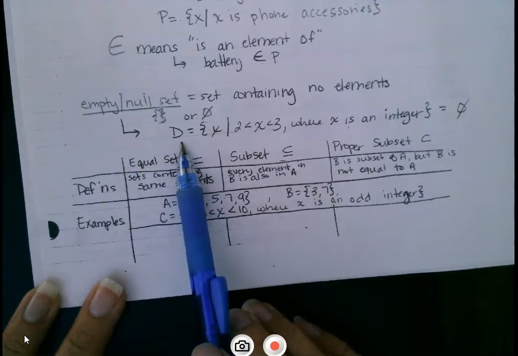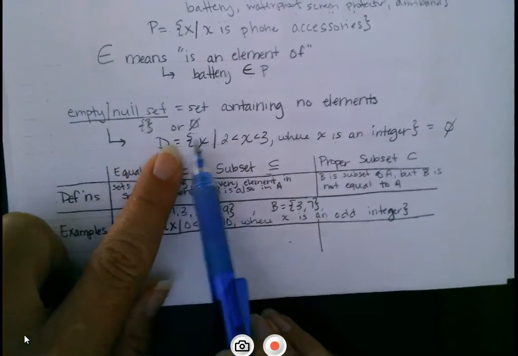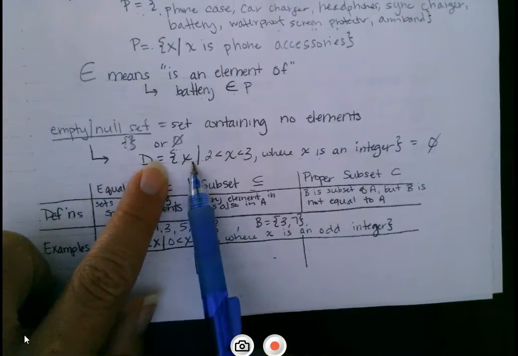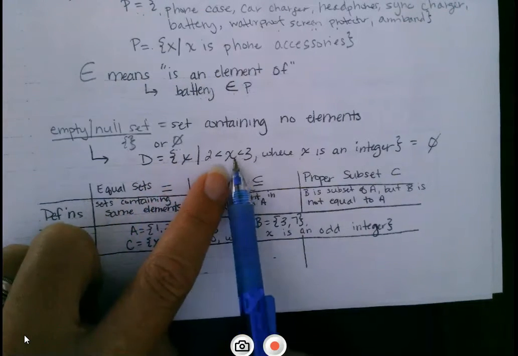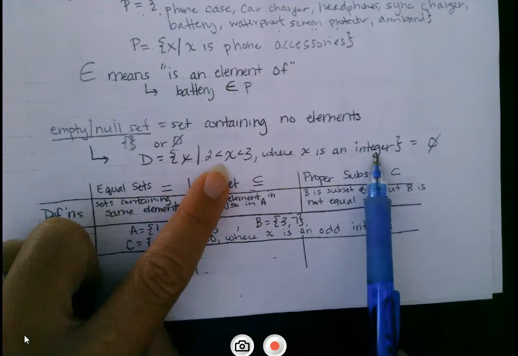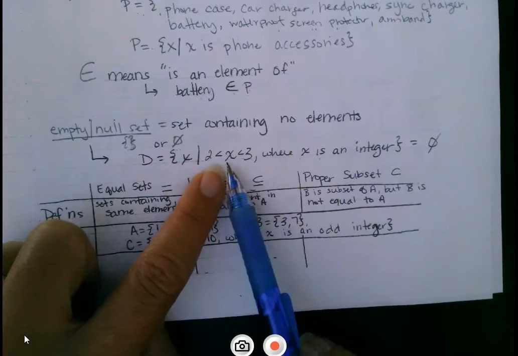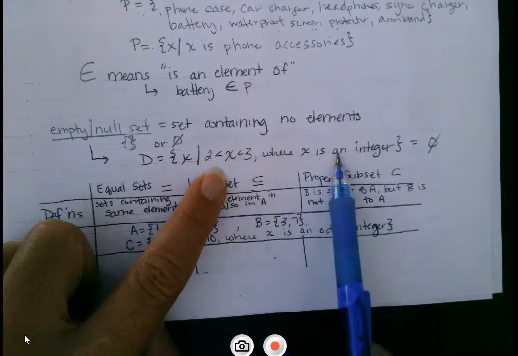All right, so here's an example of an empty or null set. D equals, remember we're reading this as such that, X is such that 2 is less than X and X is less than 3, where X is an integer.